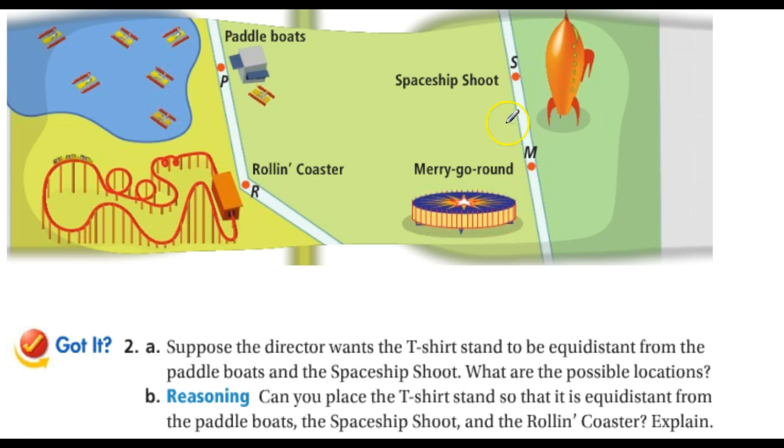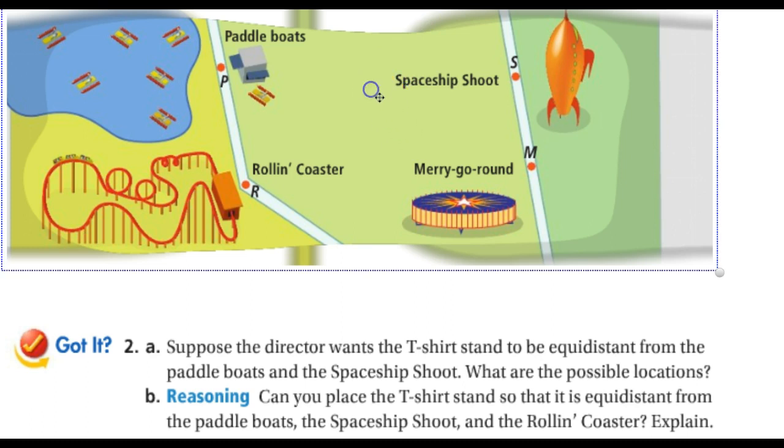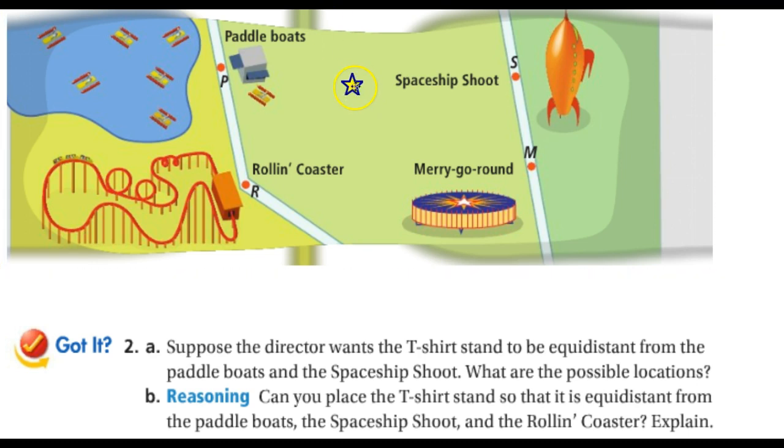So here you have an amusement park, and we want to set up, let me draw a small picture here. Let's put a star in. Let's suppose the star represents the location for the t-shirt stand.